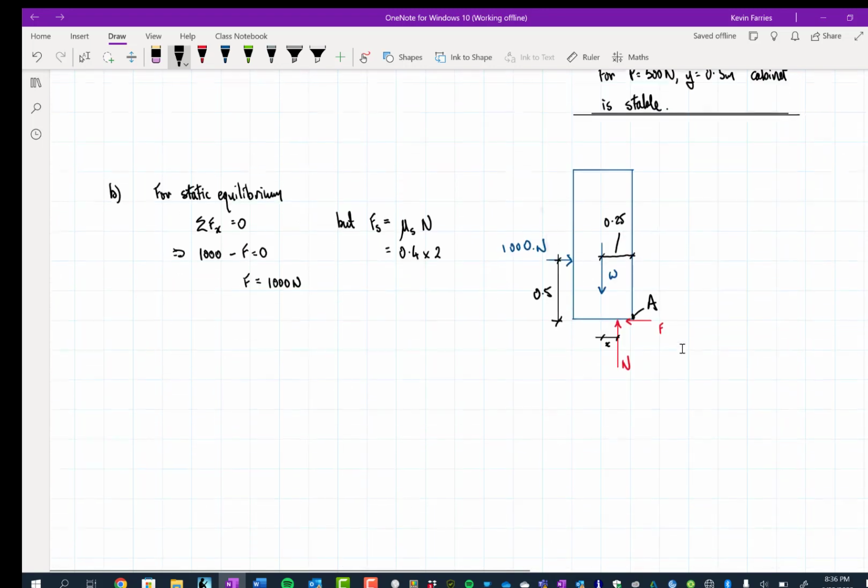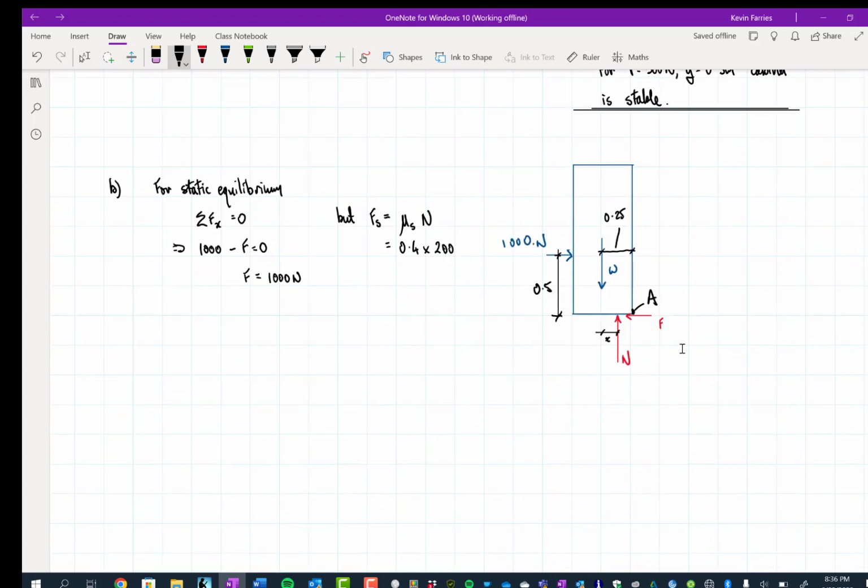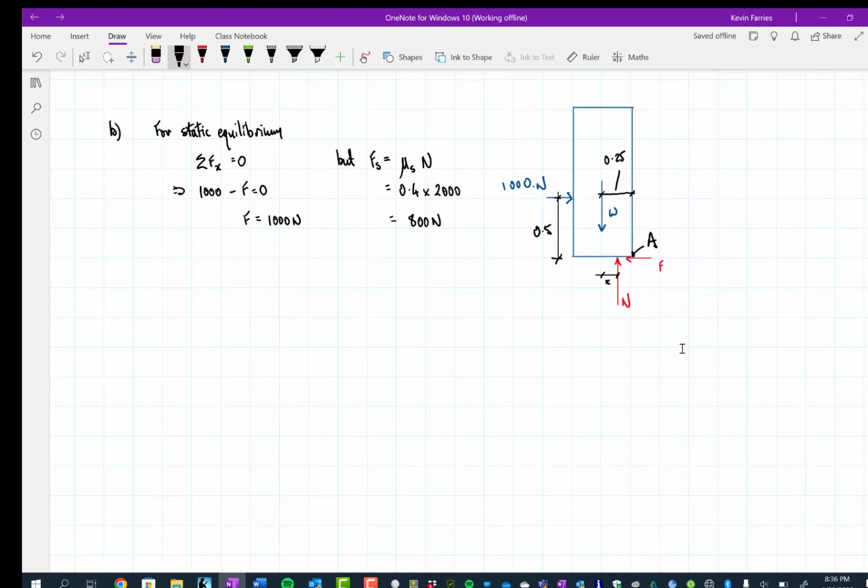So 2,000, which is 800 newtons. So F would need to be greater than Fs, therefore it will slide. And you'd probably just stop there because it's going to be sliding. It might also be overturning, but we know that it's unstable.